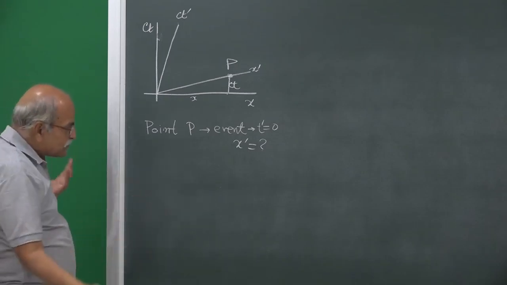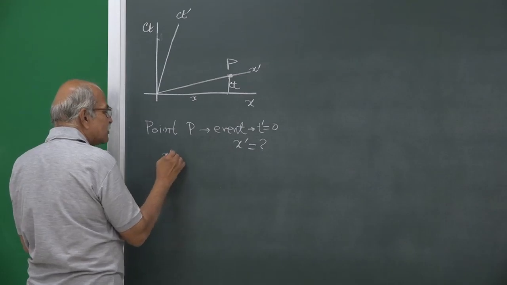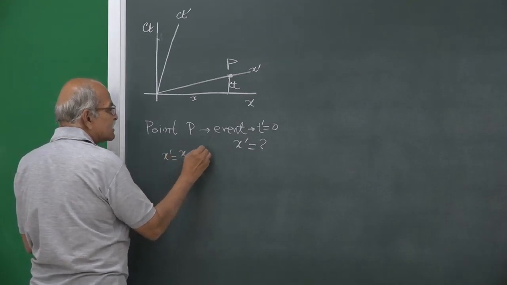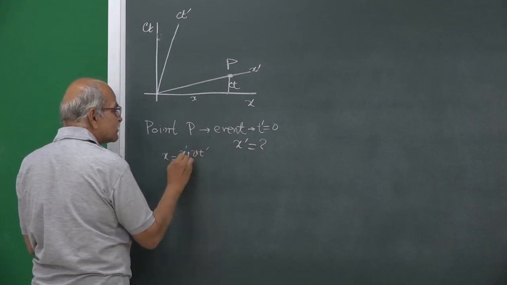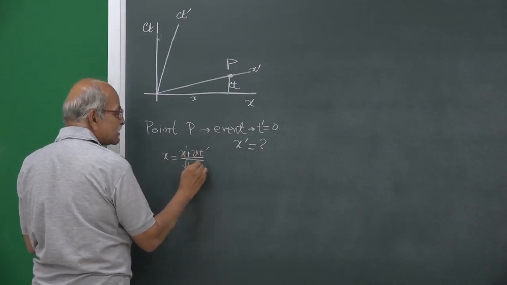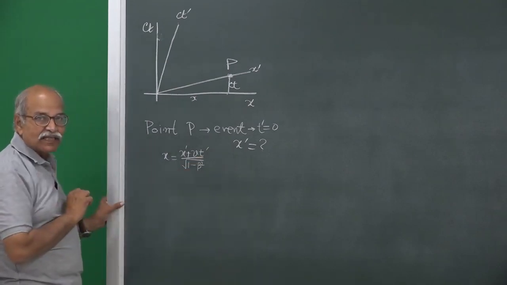Now, the Lorentz transformation I can always use. I can say that x prime is equal to x minus Vt, and x is equal to x prime plus Vt prime divided by square root of 1 minus beta square, where beta is V by C. That is my Lorentz transformation.